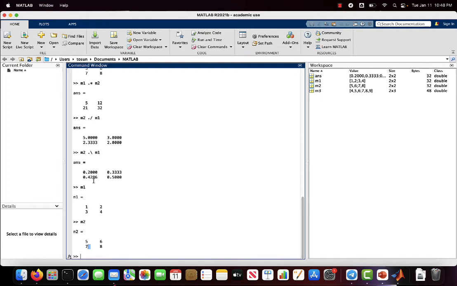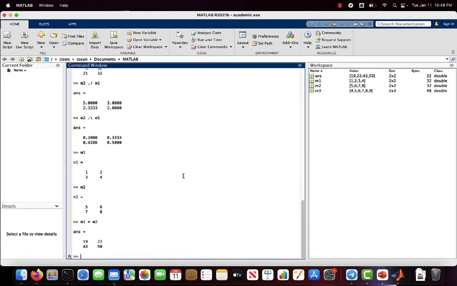And let's look at the matrix multiplication. So we have M1 and M2 and their sizes are 2 by 2, so we can multiply them. M1 asterisk M2.